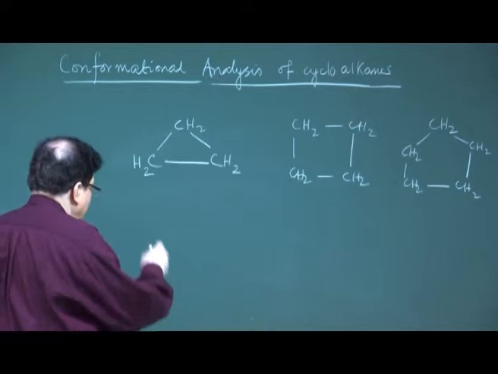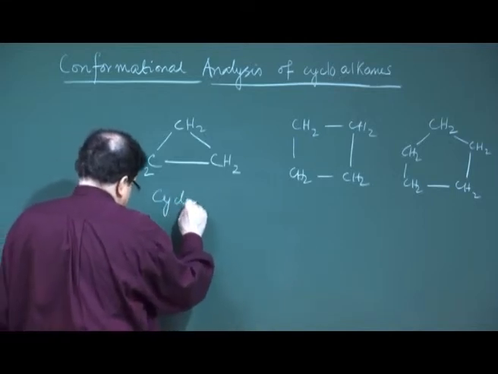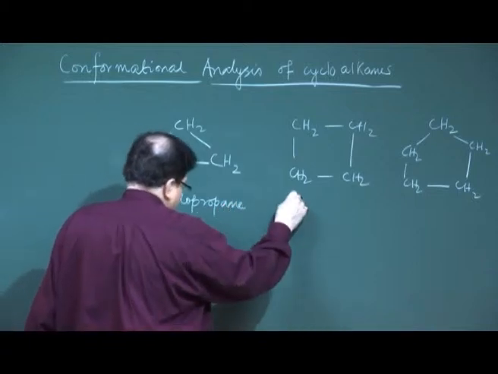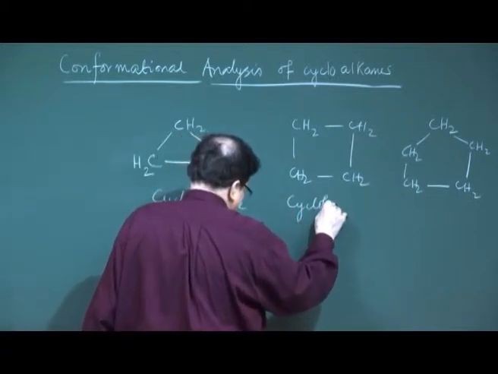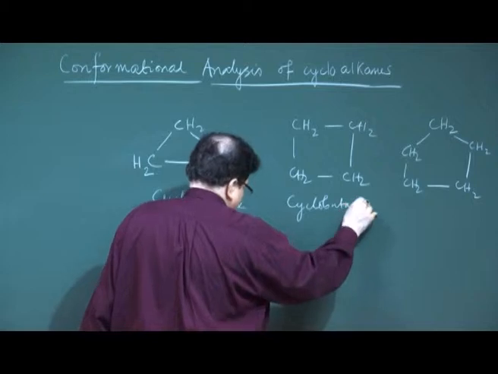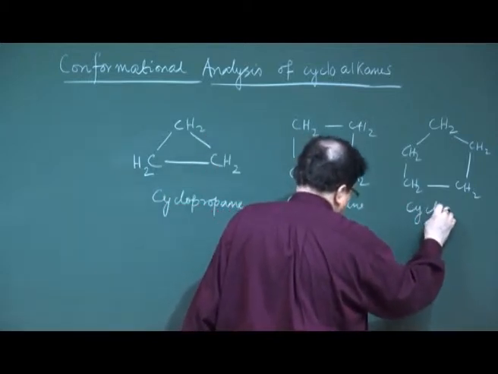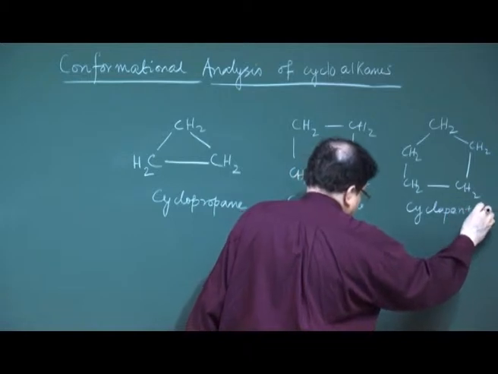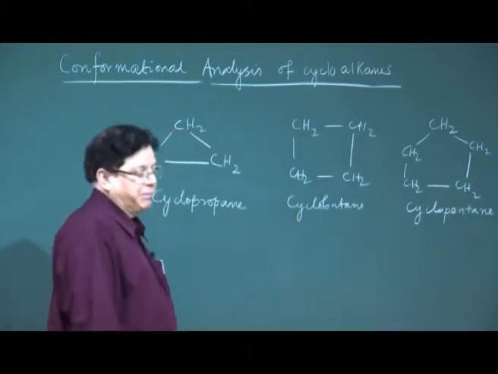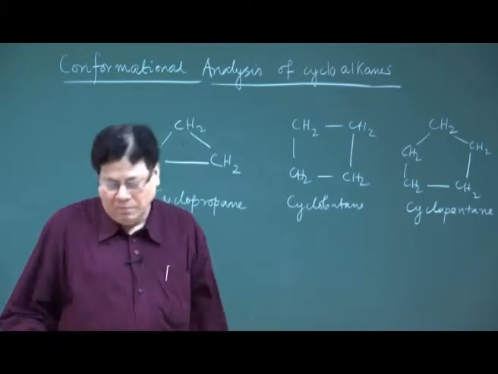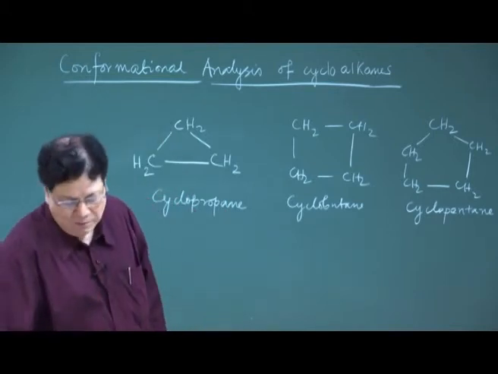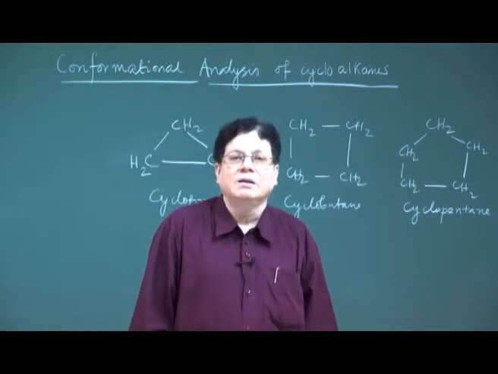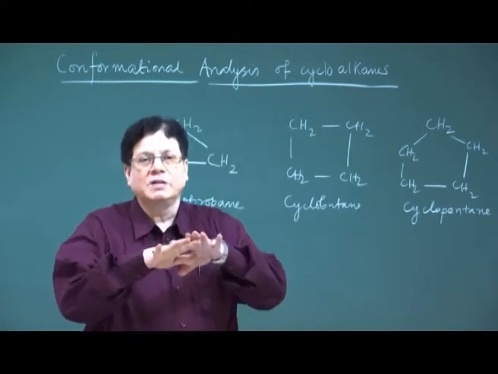Okay. So, cyclopropane, this is cyclobutane, this is cyclopentane. So, we will try to focus our attention first on these 3 systems. Now, initially what was thought about these cyclic systems is that they are planar molecules, they are flat molecules.